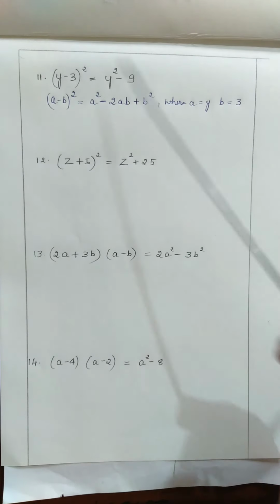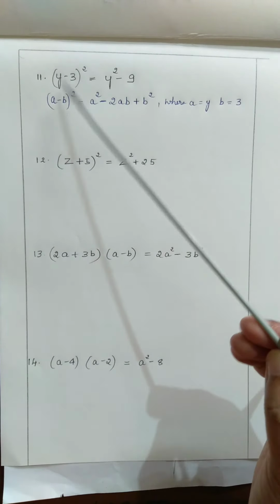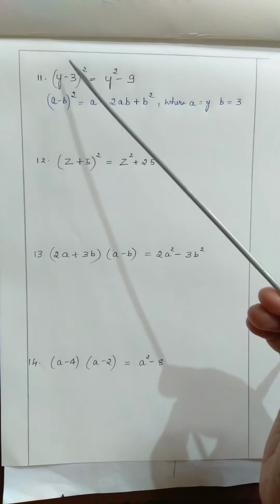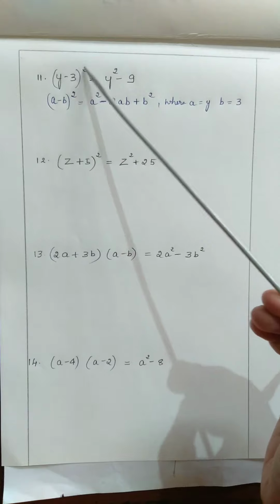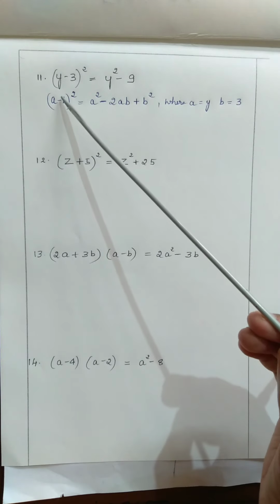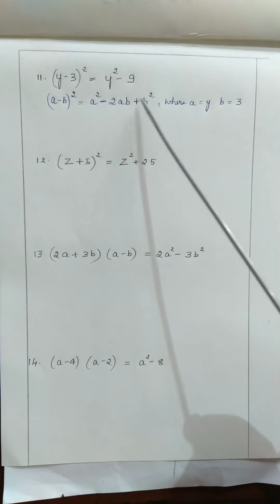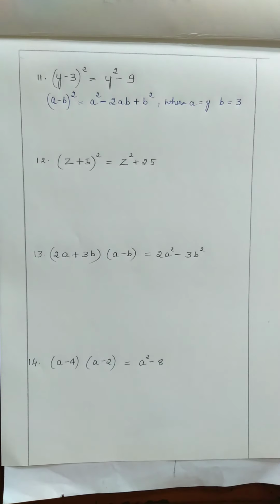Don't take it as minus 3. The formula is (a - b) whole square, and the given problem is of the form (a - b) whole square. Therefore, take the value of b as 3. So this identity we can apply on this equation (y - 3) whole square.